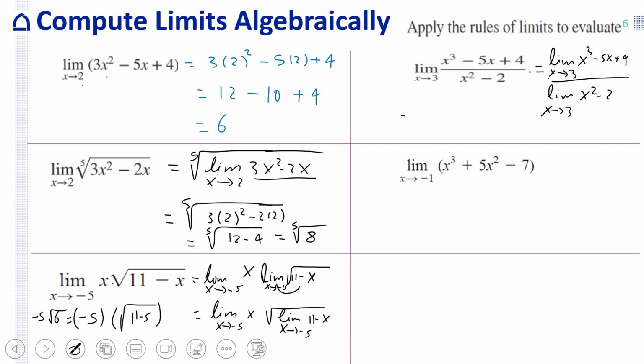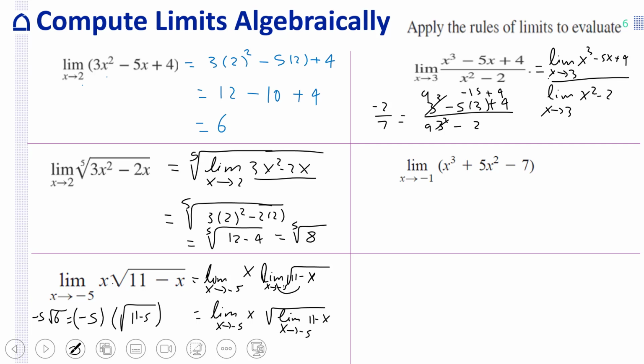Now I'm just with the numbers here, 3 to the power 3 minus 5 times 3 plus 4, over 3 squared minus 2. So what do you have? 3 squared is 9, minus 5 times 3, minus 15, plus 4. So you have 13 minus 15, which is minus 2, over here. You have 9 minus 2, 7.